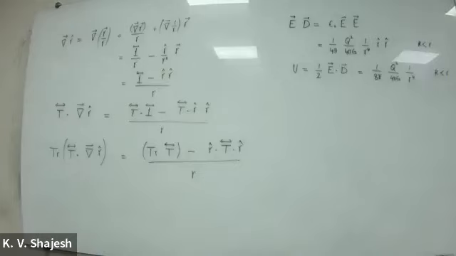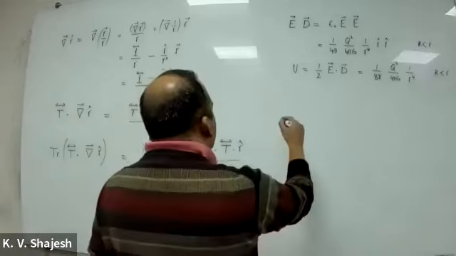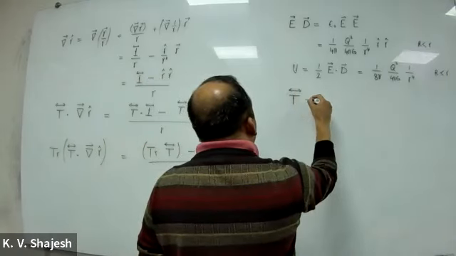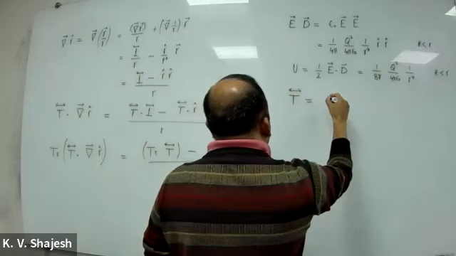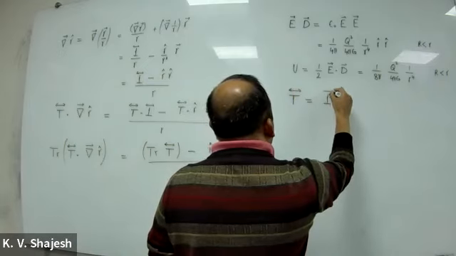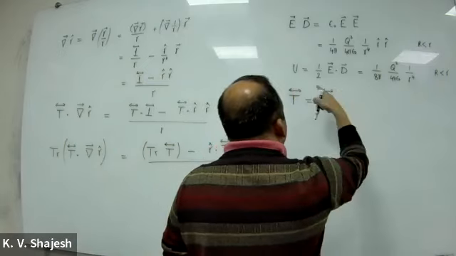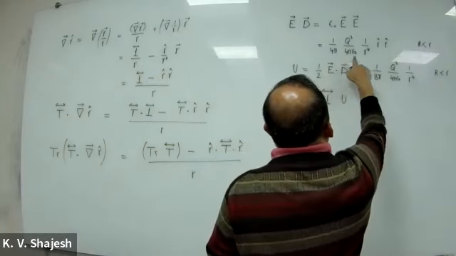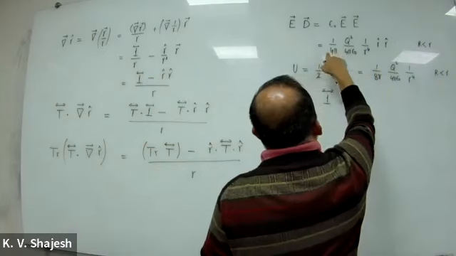The other quantity I need is T, right? So T is equal to 1 times U, which is this quantity U, right? And this is 1 by 2 of T, right?